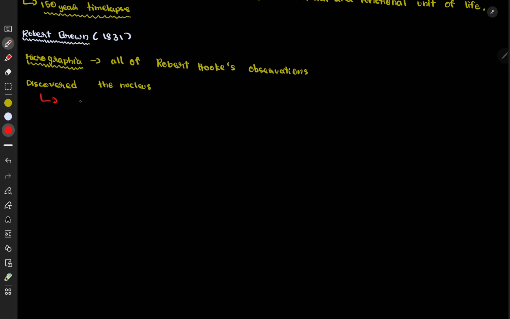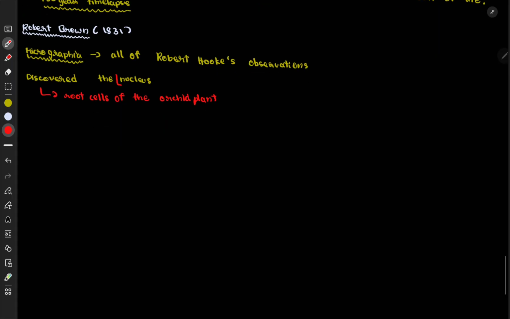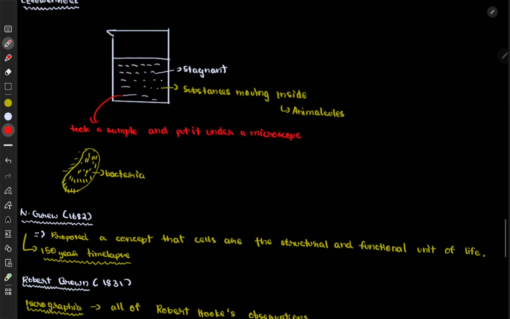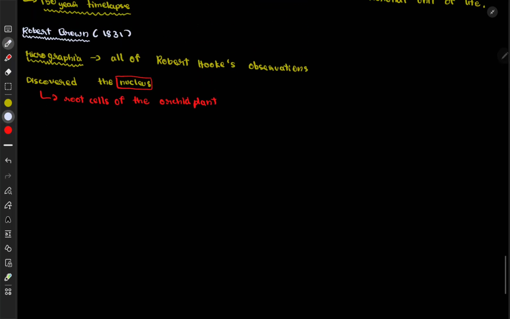He discovered the nucleus from the root cells of the orchid plant. So there is an orchid plant, there were the root cells, and from that he discovered the nucleus. We will learn about what the nucleus is when we learn the structure of the cell. This is what Robert Brown discovered.